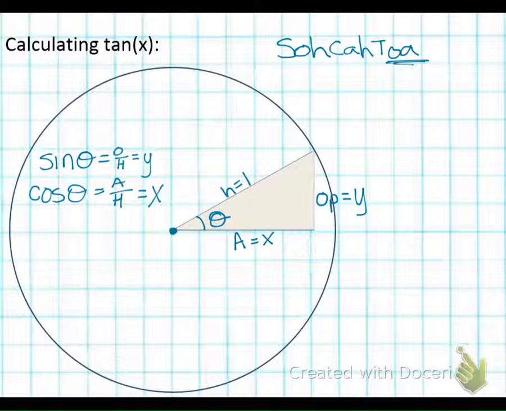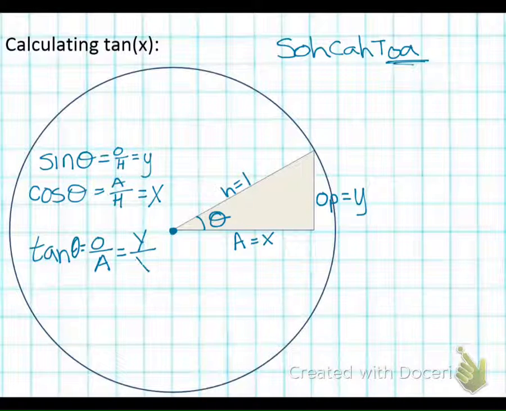Okay, now the function we're focusing on today is tangent. Again, we know that that's opposite over adjacent from SOHCAHTOA. So if I'm looking at the opposite and the adjacent side, that's going to be y over x. But I can also think about this in terms of sine and cosine.